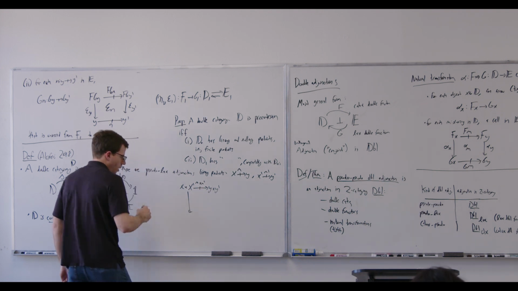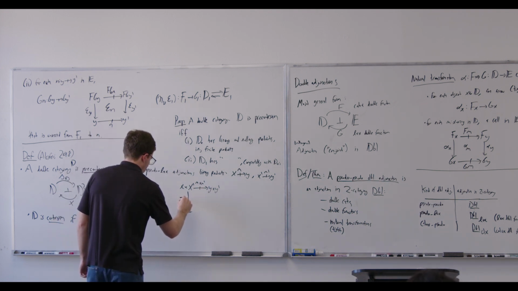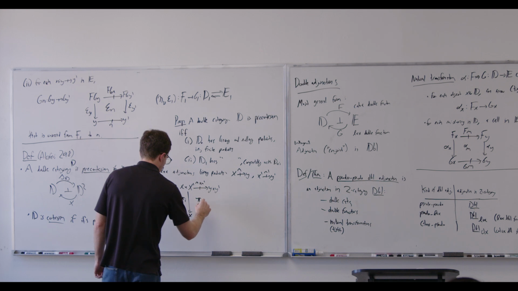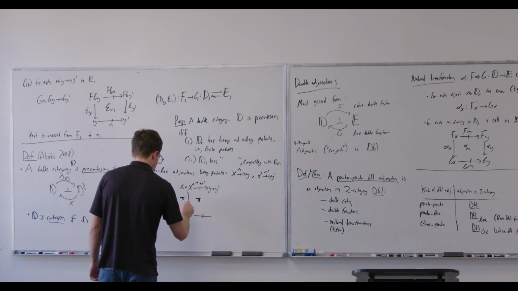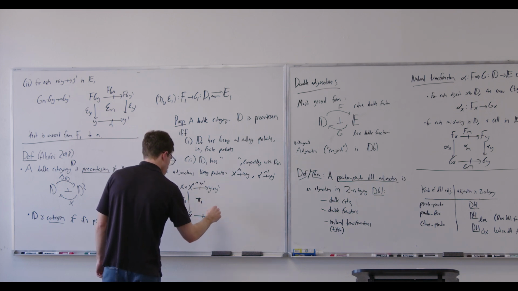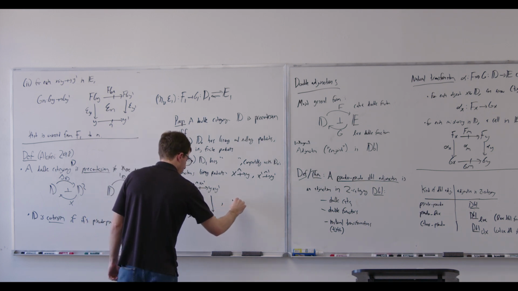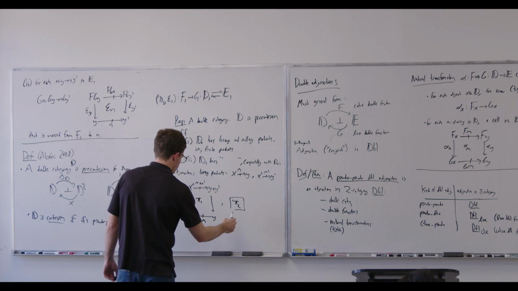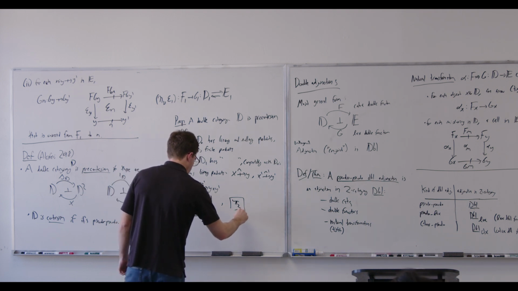So if I unpack what's going on there, I've got pi 1, and similarly I have pi 2 onto m prime.